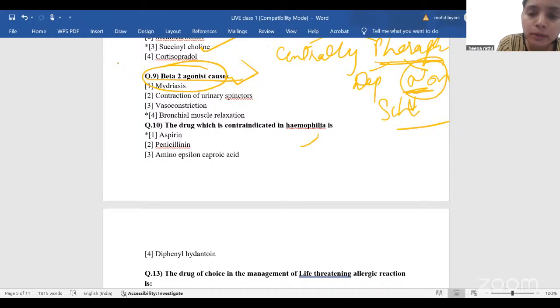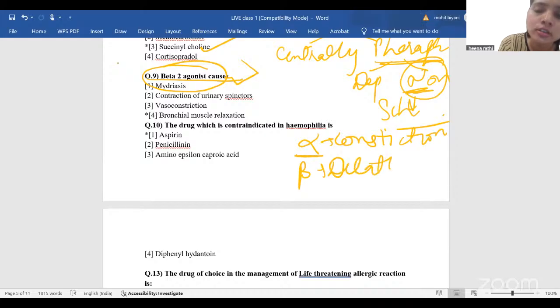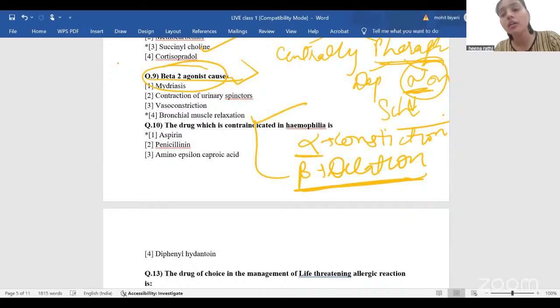What we have to remember: the action of the alpha receptor is constriction, and the action of the beta receptor is dilation. Because beta 2 is present on the bronchial smooth muscles, it is going to dilate them, so there will be bronchial smooth muscle relaxation.